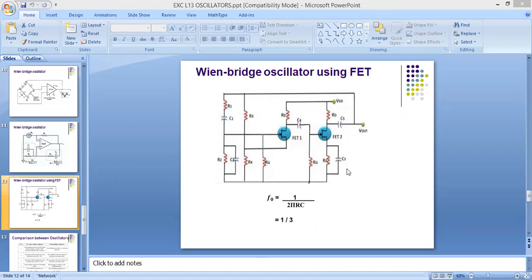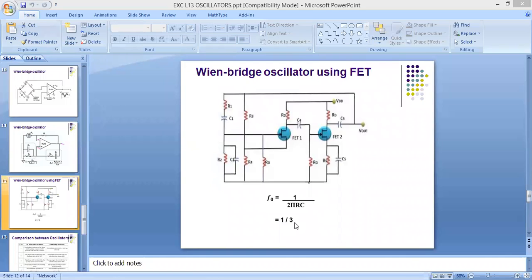Okay. So we can say here, when we have to use a two-stage RC phase shift amplifier as an oscillator, we will get 180-degree phase shift from each individual RC coupled amplifier. So with the addition of the two-stage RC coupled amplifier, the phase shift will be 360 degree, and here we will get beta equal to 1 by 3.